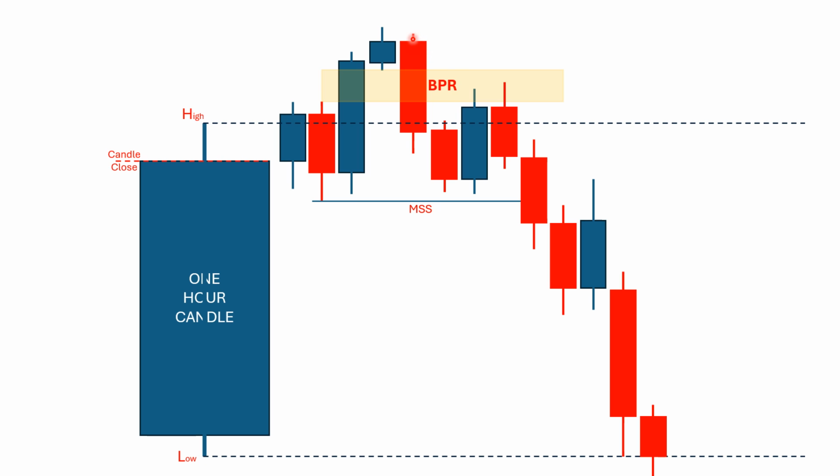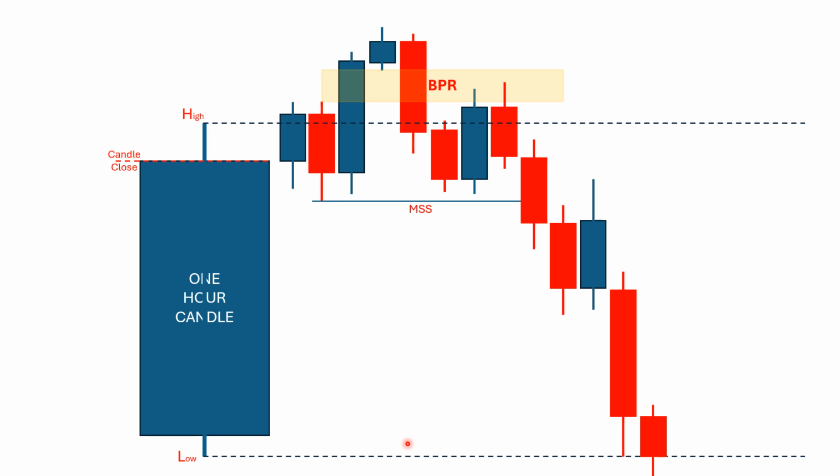This is why you need a displacement. So when a fair value gap is left there, you can enter your trade into that fair value gap because this has made a balanced price range now. A balanced price range is just two fair value gaps in the same zone. It's nothing complicated. So when you enter there, same procedure.